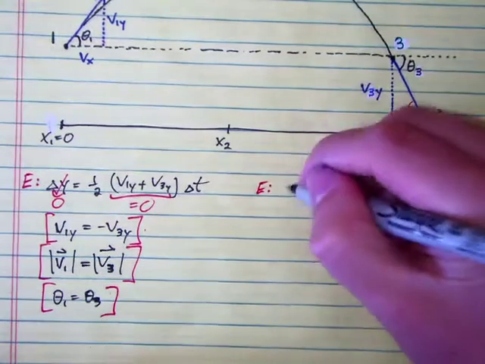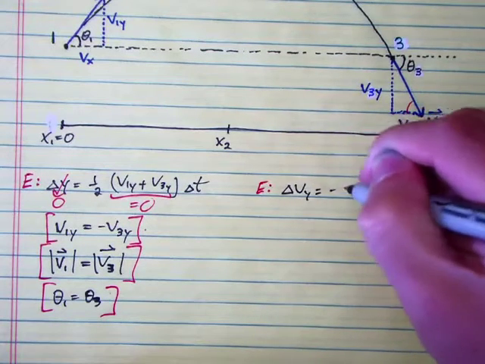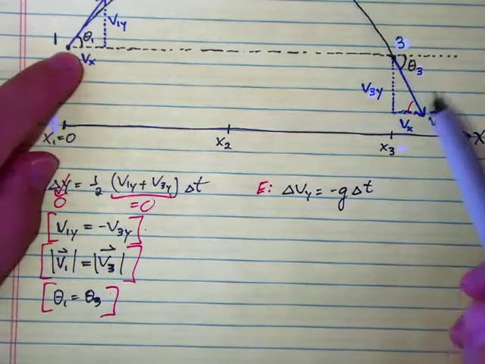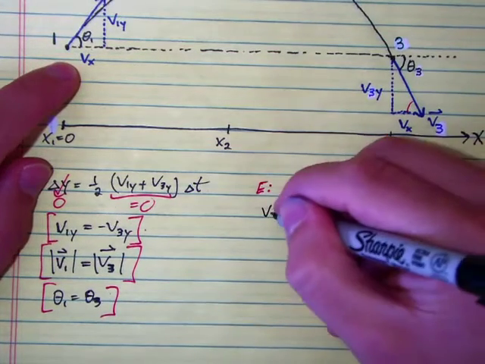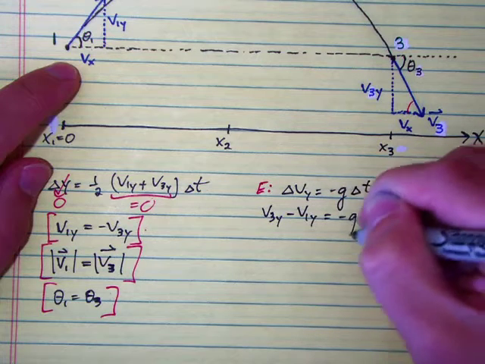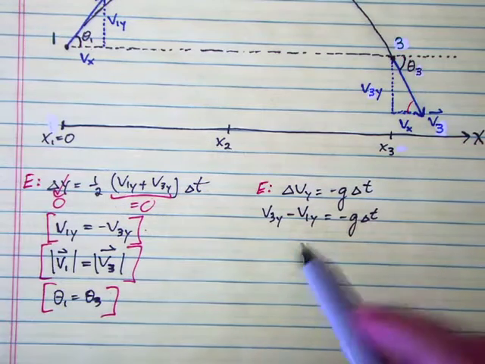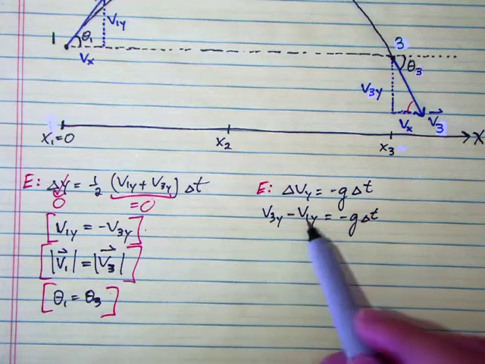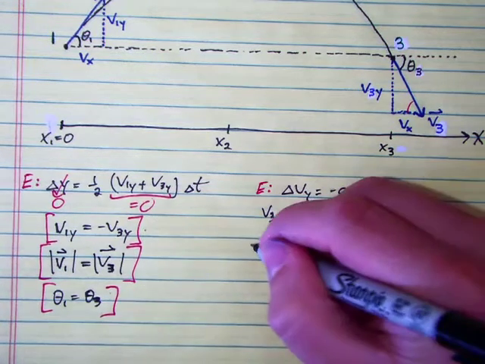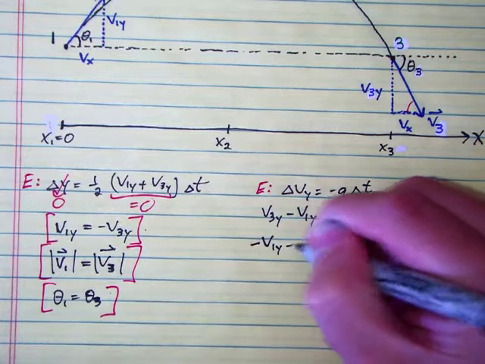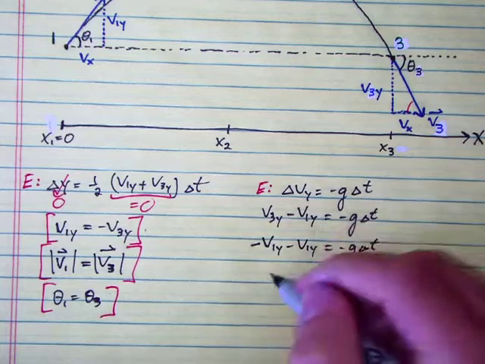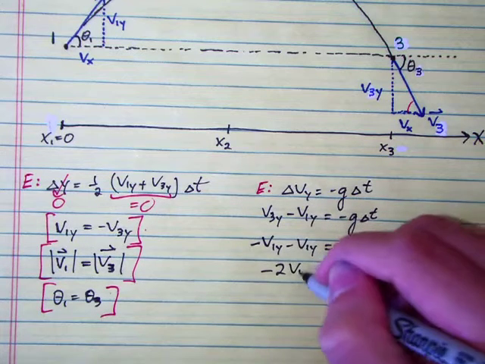So next equation, we'll say that delta vy is negative g delta t. So if we look at moments 1 and 3, v3 y component minus v1 y component is negative g delta t. We showed a moment ago that these two are equal and opposite, or v3y is the opposite of v1y, so I could replace it with negative v1y minus v1y. Therefore, the left-hand side is negative 2 v1y.